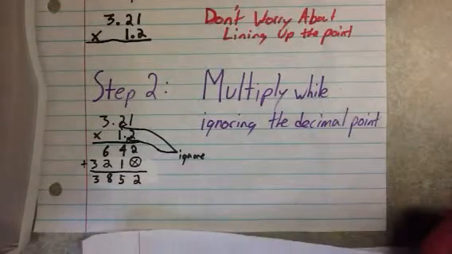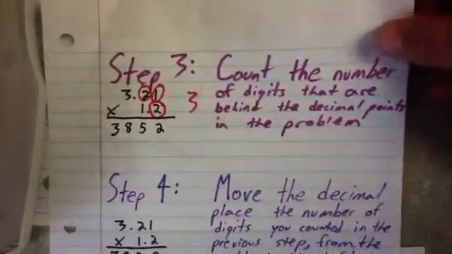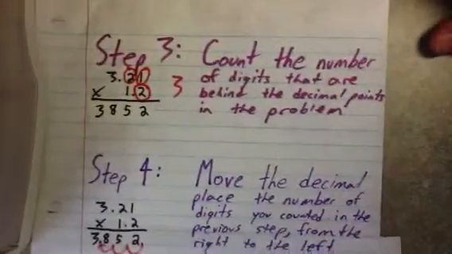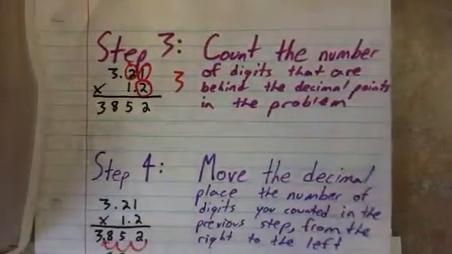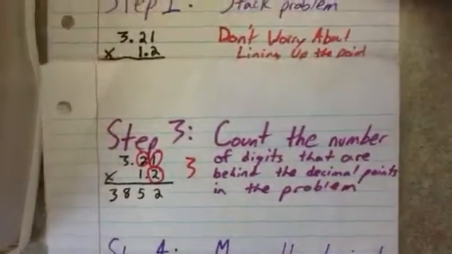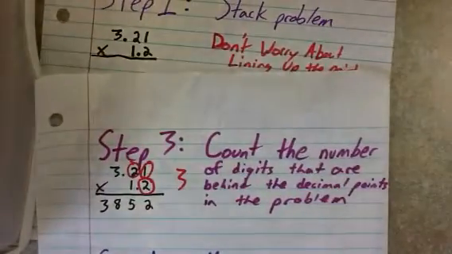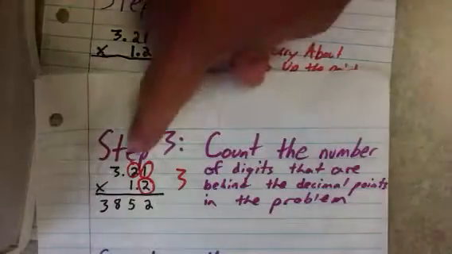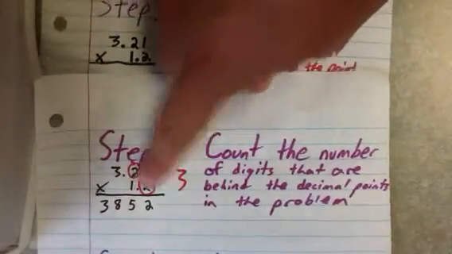After you've multiplied it and I found that it was 3,852, step 3 is I look back at the problem and I'm going to count the number of digits that are behind the decimal points in the problem. Now, remember, when I say digits, I mean the number of numbers. So, that's one digit, that's one digit, that's one digit.